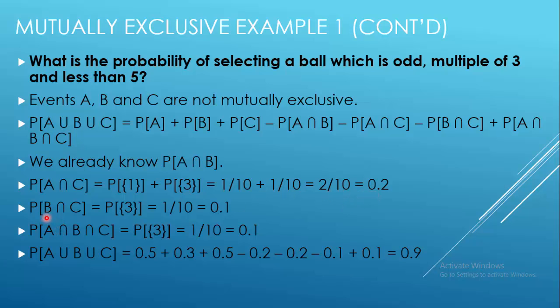The intersection of B and C is only 3, because 3 is the only common outcome between events B and C, so the probability is 0.1. The probability of A intersection B intersection C is also 0.1, because the common outcome between these three events is 3. So the probability of A union B union C, just plugging these values into the formula, is 0.9.